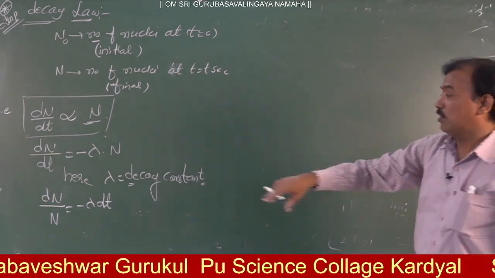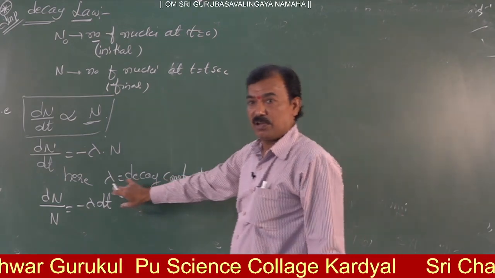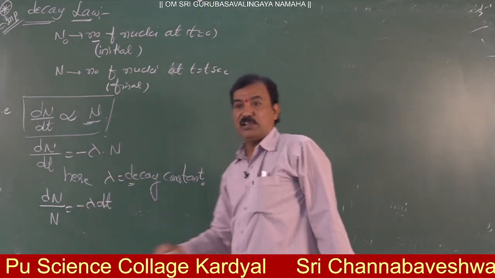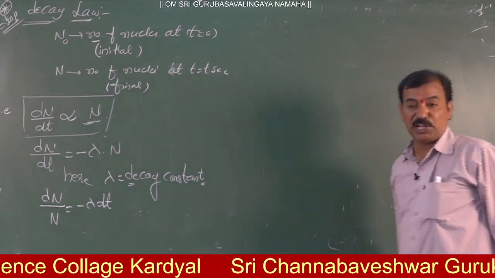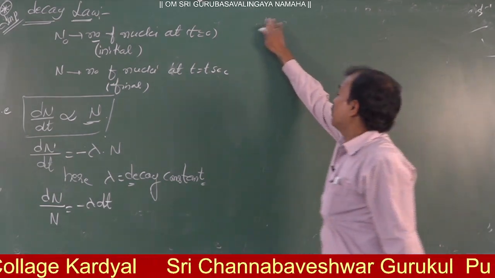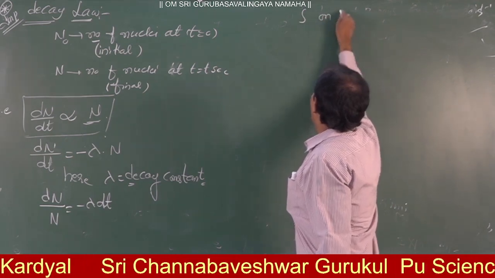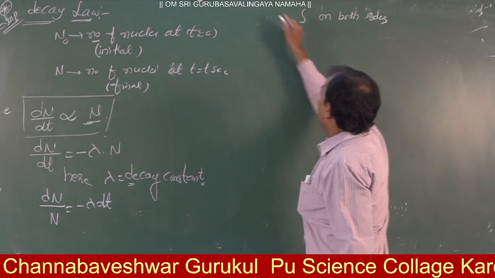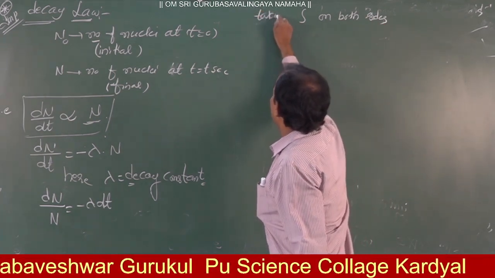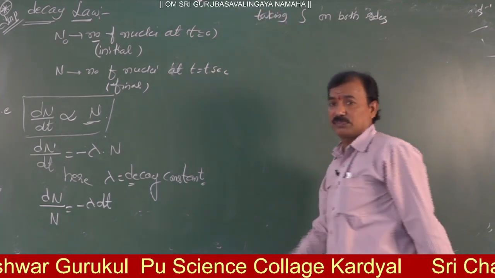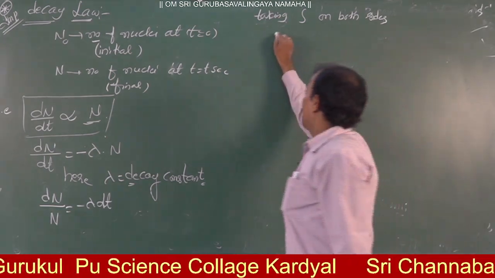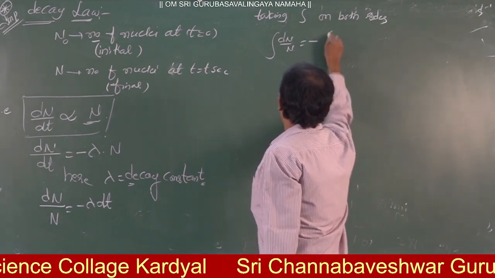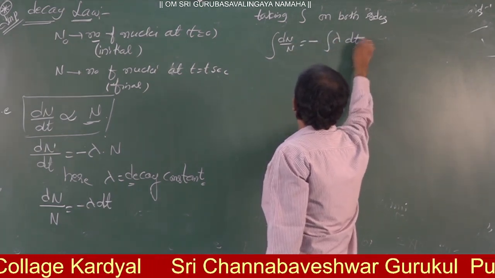So dN by N is equal to minus lambda into dt. Taking integration on both sides, the integration of dN by N is equal to minus the integration of lambda into dt.